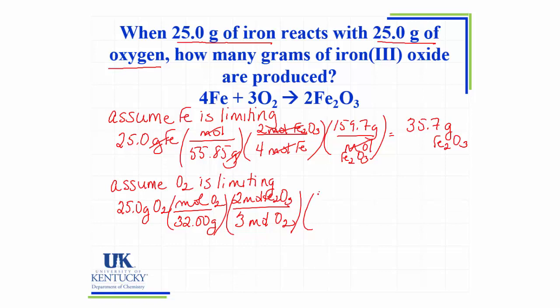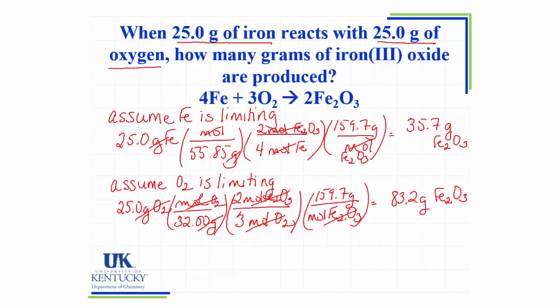And again, I use the molar mass of Fe2O3 to convert from moles to grams of Fe2O3. Again, grams of oxygen cancel with grams of oxygen, moles of oxygen cancel with moles of oxygen, moles of Fe2O3 cancel with moles of Fe2O3. And I end up getting 83.2 grams of Fe2O3.